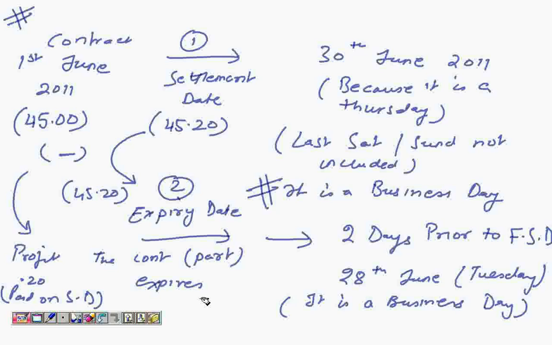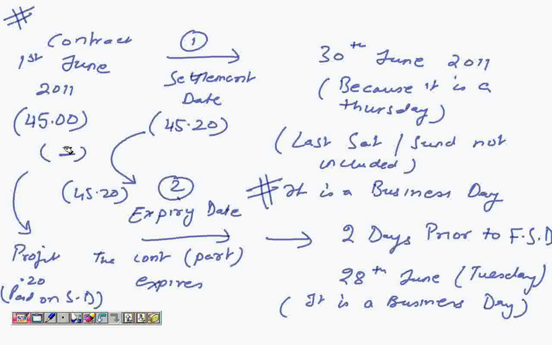When your contract expires, it settles in T plus 2 days, which we have already discussed. The normal settlement time in our Indian market is T plus 2 days, which is transaction plus 2 days. That is the same system followed in the currency futures market. In a nutshell, this example clears it.